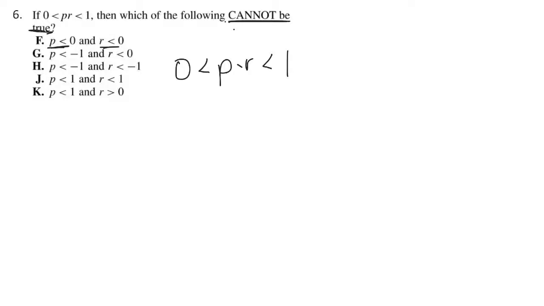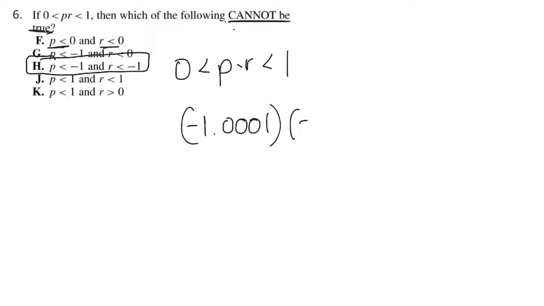But if we look at H, both P and R have to be less than negative 1. Well, we know if we multiply a negative to a negative, we're going to get a positive. And no matter how close you choose to get to negative 1, even if you choose negative 1.001 for one of the values, P or R, it really doesn't matter, and then negative 1.01.